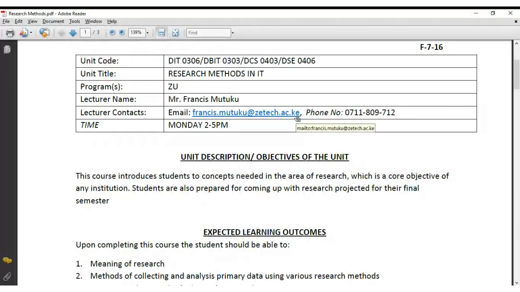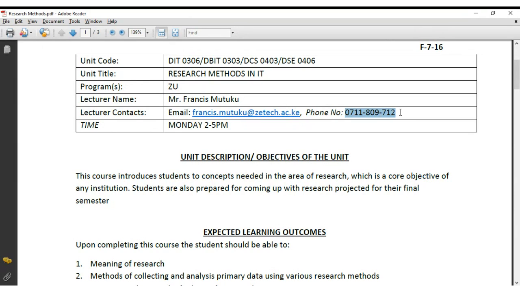And it's also there. This course outline is already uploaded on the portal, so you find it there. So the phone number, again, as I've said, is for WhatsApp. So ensure that you WhatsApp me through that, and I will always be responding as soon as I see it.